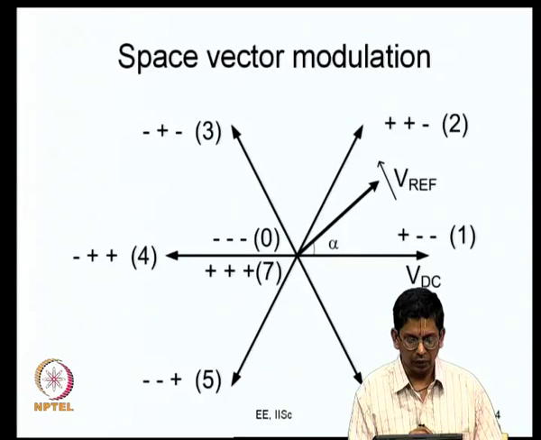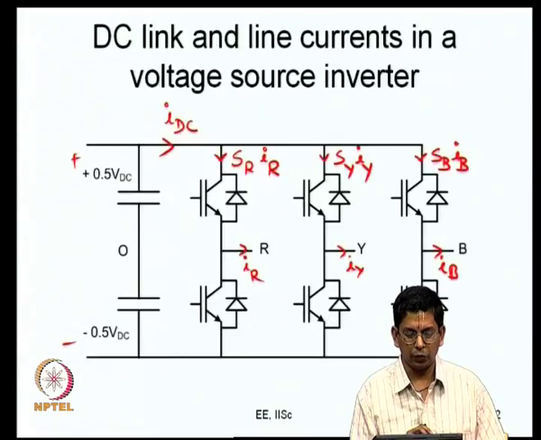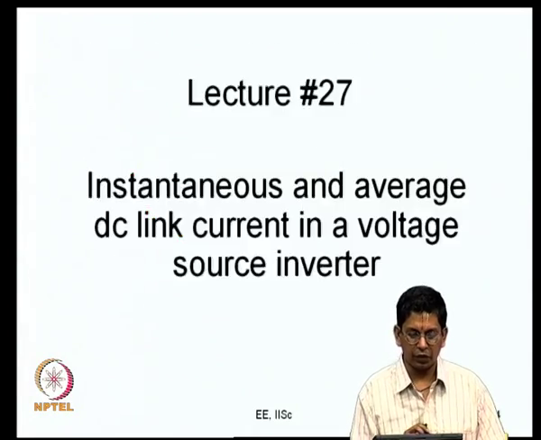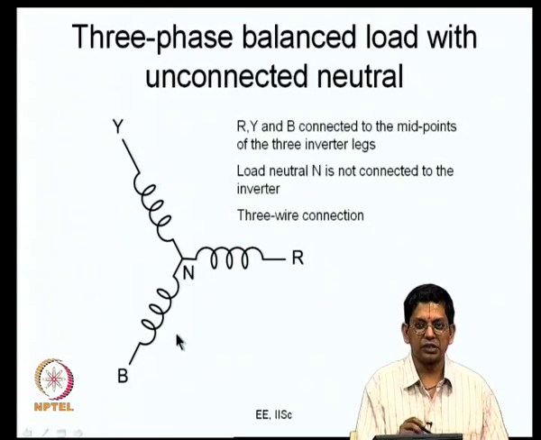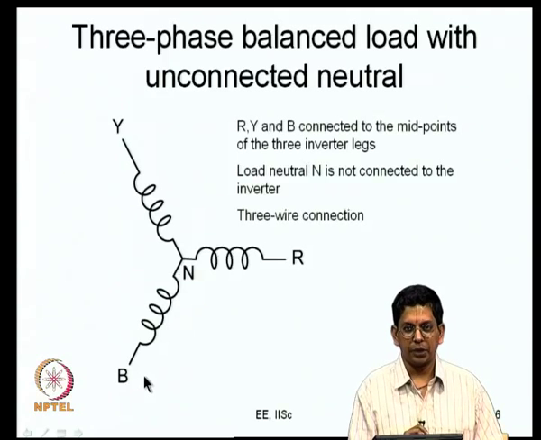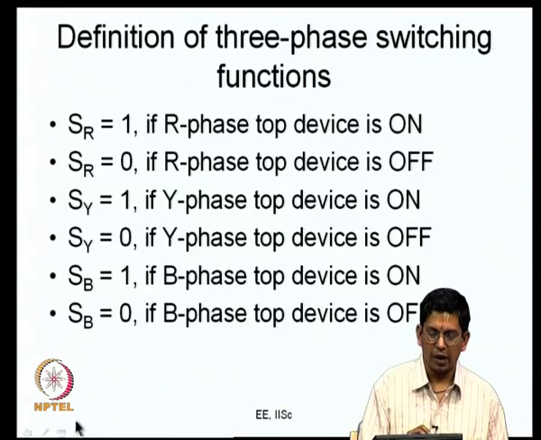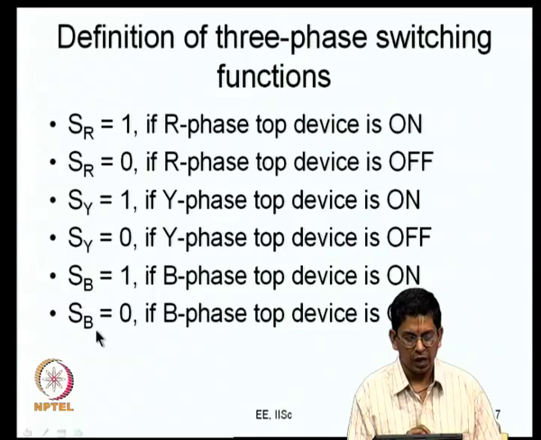Okay. Now, let us move on. This is just an instantaneous relationship. We have come up with a mathematical model for that. If you go back, initially we took a voltage source inverter like this, with a 3 phase 3 wire balanced star connected load, and we defined the switching functions SR, SY and SB like this.